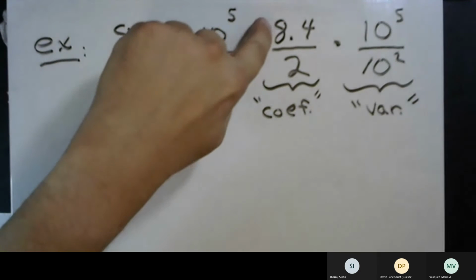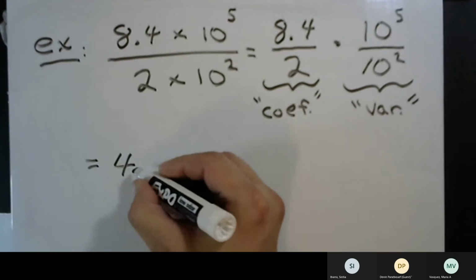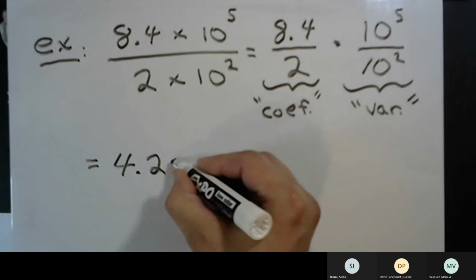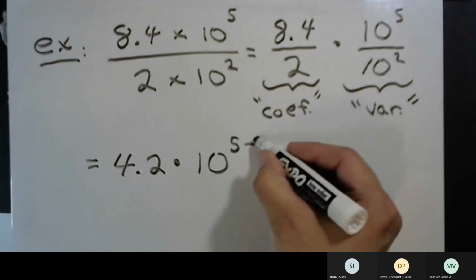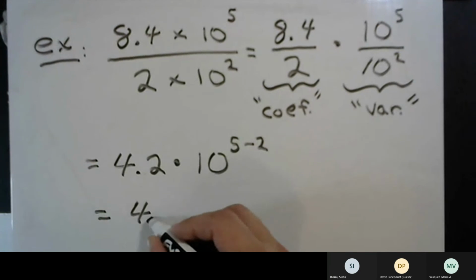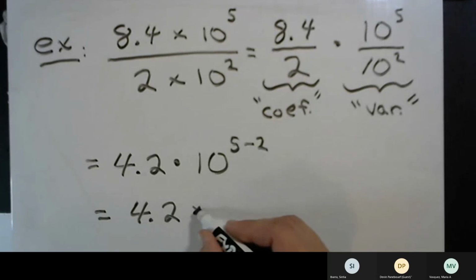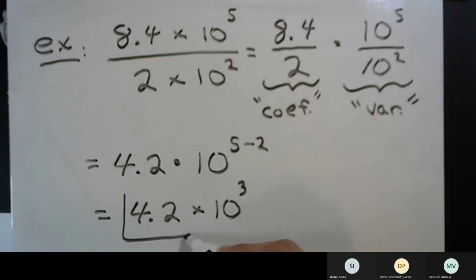So we do our division. 8.4 divided by 2 is 4.2 times, and then we have 10 to the 5 minus 2. Or 4.2 times 10 to the power or the exponent of 3.